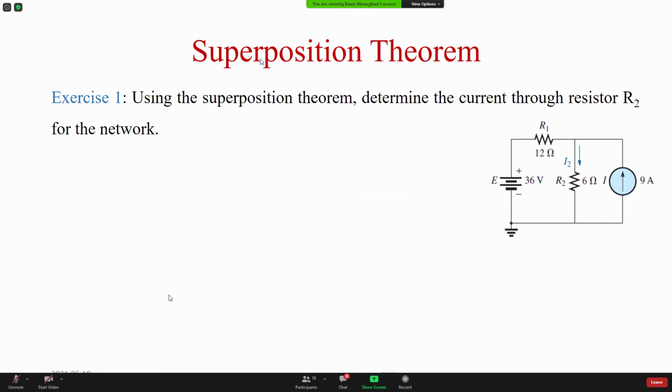Superposition technique is not difficult in itself, but you have to start it right. When you start it, you have to start it with the idea that I'm going to take one source at a time and I'm going to find the thing that I want to find from one source at a time. Let me take the attendance.